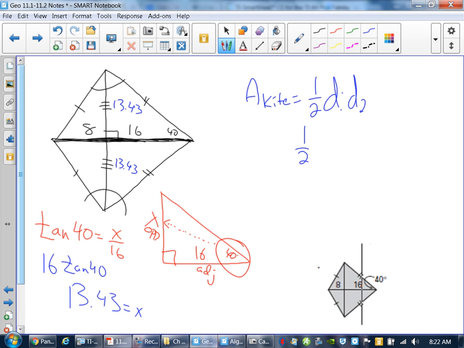So it's 1/2 of 8 and 16, which is 24, times 13.43, which will be 26.86, and just multiply it out and round it to 2 decimals again. So sometimes you have to do a little extra math to get to it, but it's all review of math that you've done. The only thing that's new might be just that formula. How you use it, it's all the same.